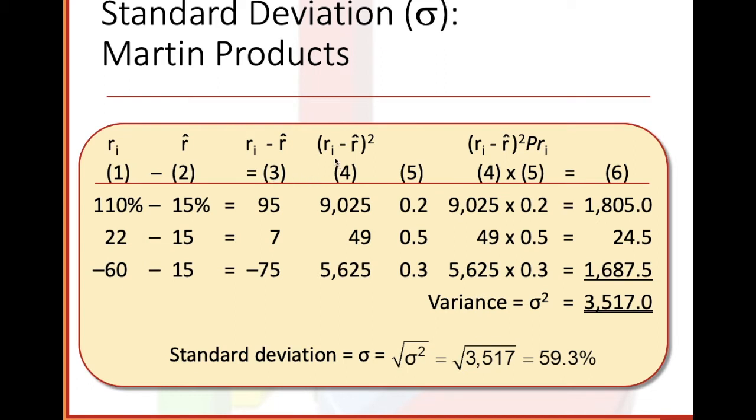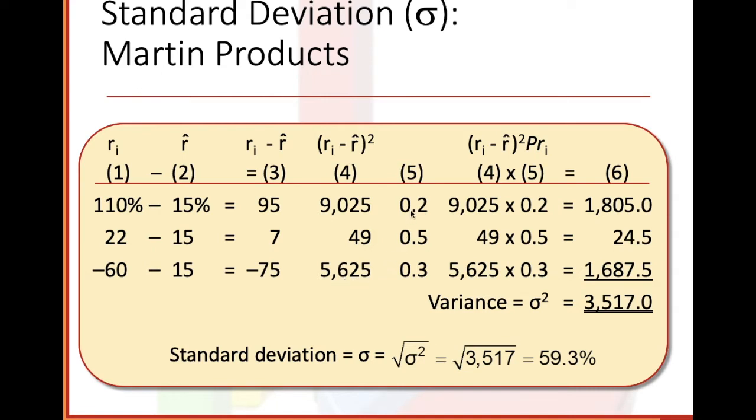So the square of that is going to be 4. Okay, and then 110% minus 15% gives us 95. And then 22 minus 15 gives us 7. Negative 60 minus 15 gives us negative 75. Okay. And then if we square that, we get 9,025. Square 7 gives us 49. Square negative 75, and a negative times a negative is a positive, 5,625.